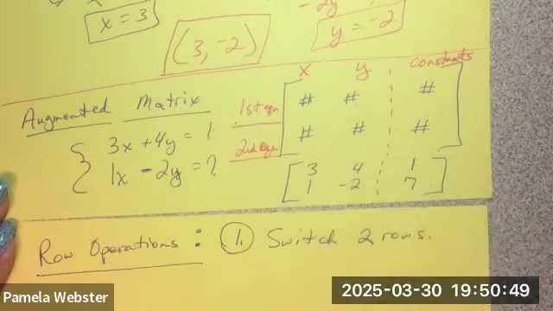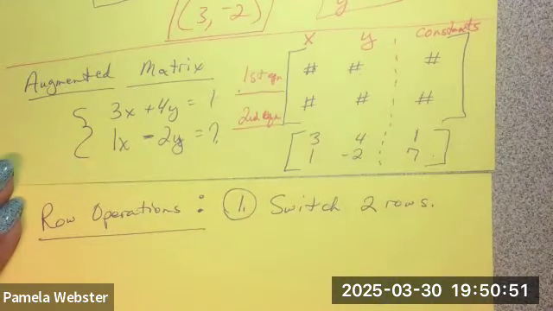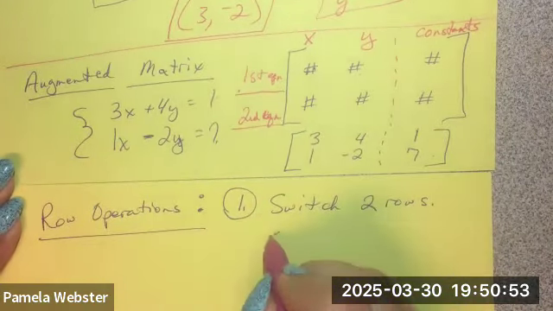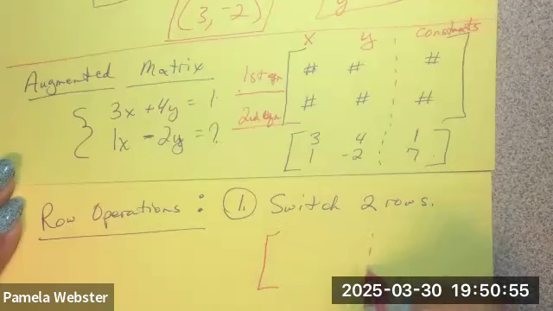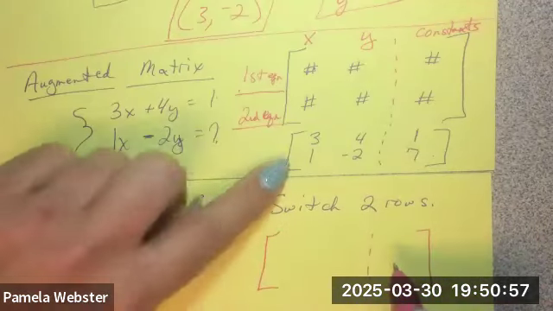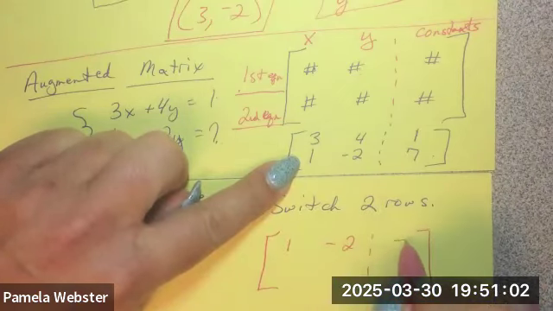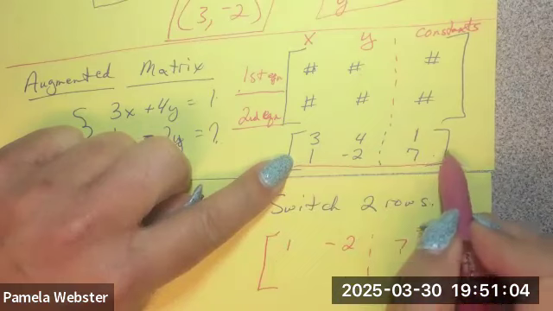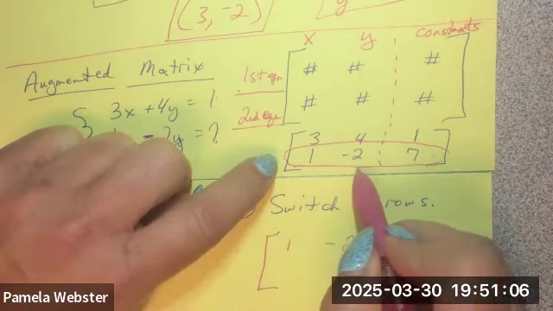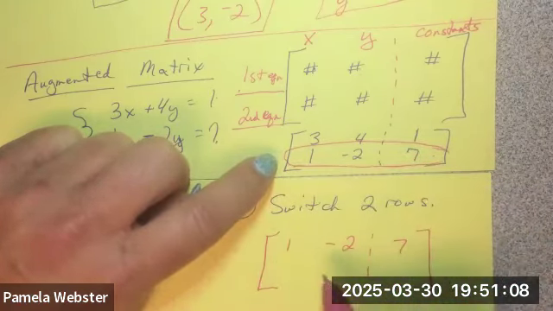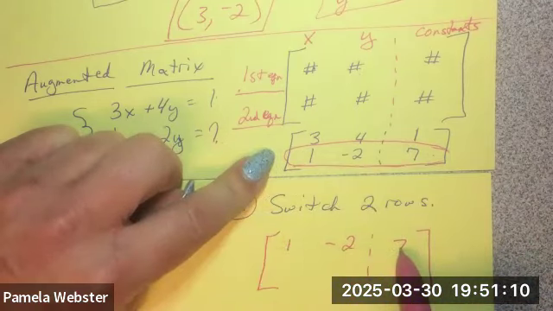So what would that look like with this guy right here? If I switch 2 rows, well, there's only 2 rows. So basically I'm saying put this bottom on the top: 1, -2, and 7. It has to be the entire row, because we're going to remember this represents the entire equation, right? So they have to stay together. 1, -2, and 7.